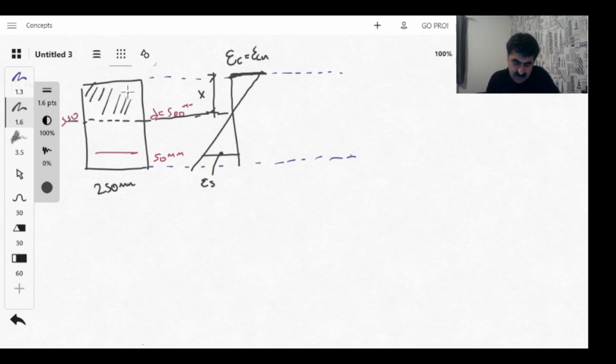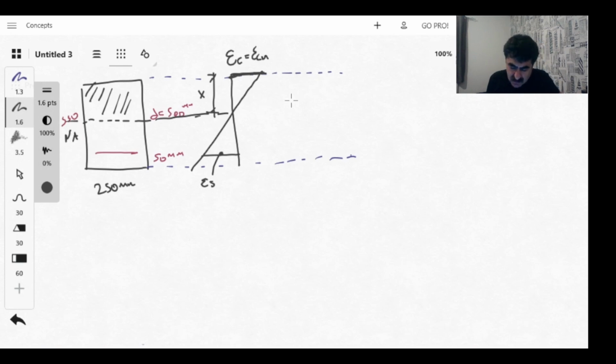According to ultimate limit state design, we assume that tension in concrete should be taken as 0. So there won't be any force under this neutral axis. Okay, this is the neutral axis.